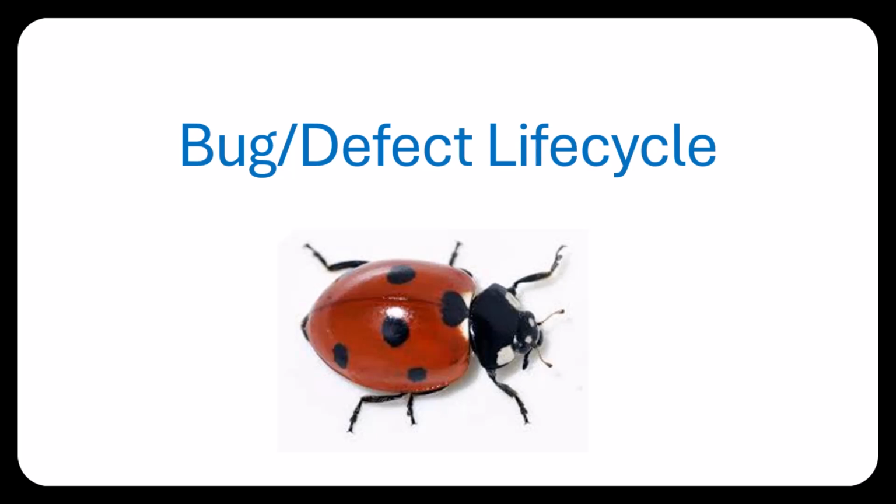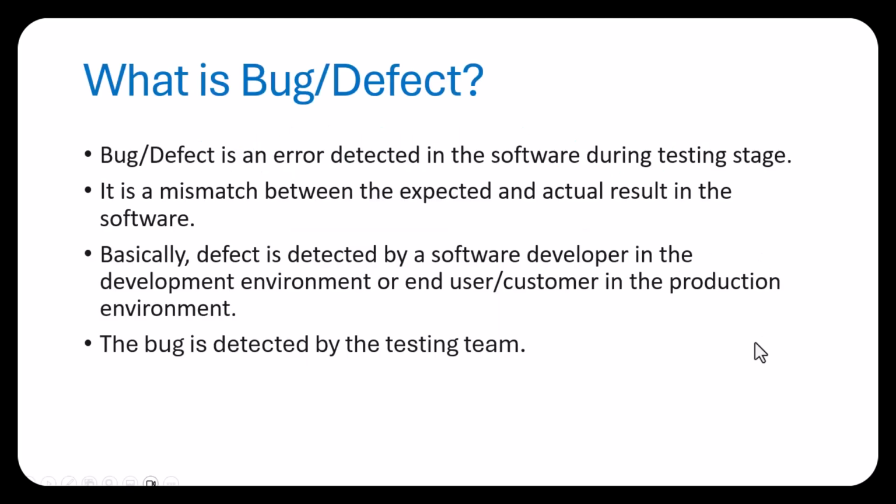And if you are going as an experienced person, definitely you are going to get this question and you have to answer whatever you are doing in your organization, that bug or defect life cycle. This bug or defect life cycle varies from organization to organization. Here in this video, I'm going to give you a standardized one. Basically, most of the organizations are following this particular bug life cycle.